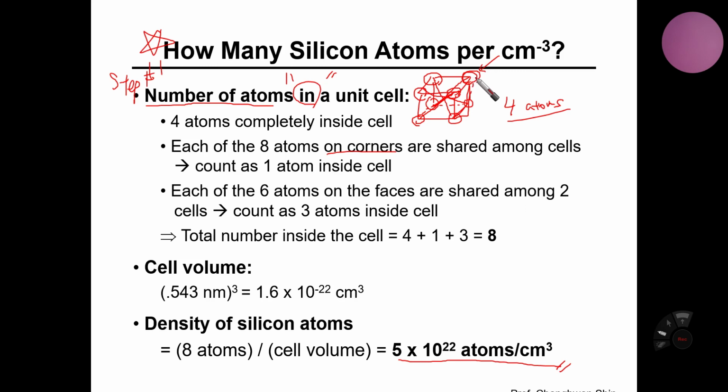So for that purpose, to make our life easier, let's do this. You can place one more unit cell on the right hand side and on the back side and one more thing here. Then at this corner, this silicon atom is placed, right?